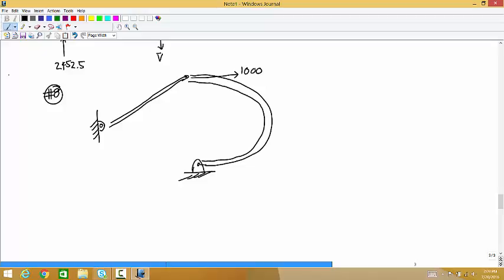And there are no weights. This is 30 degrees. The diameter is 0.6, so this radius is 0.3.